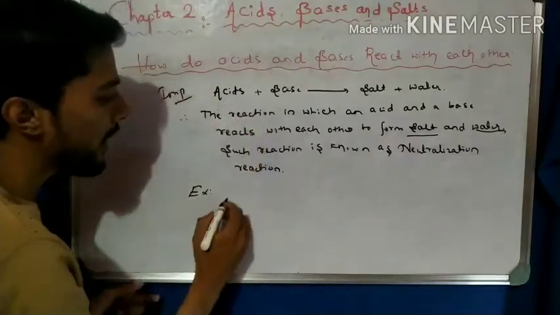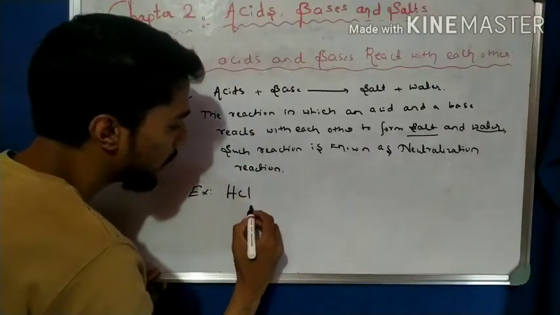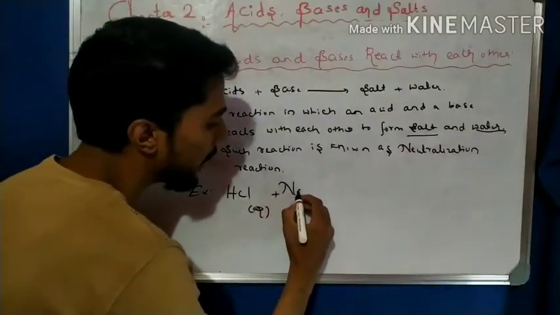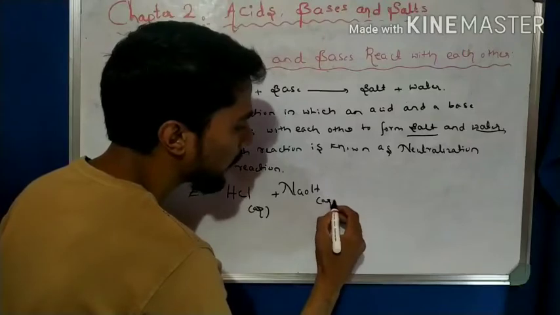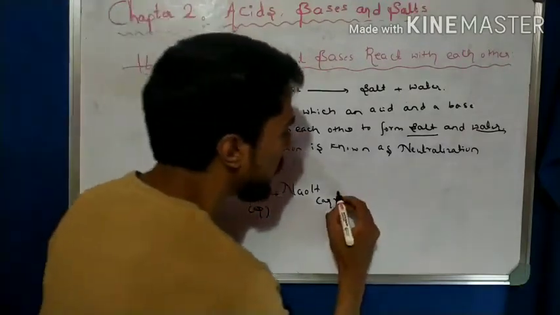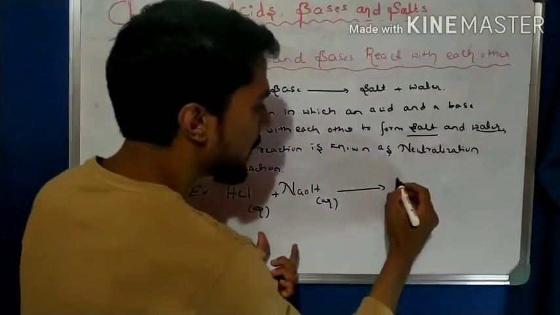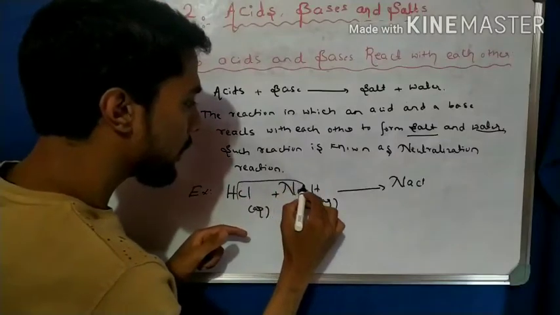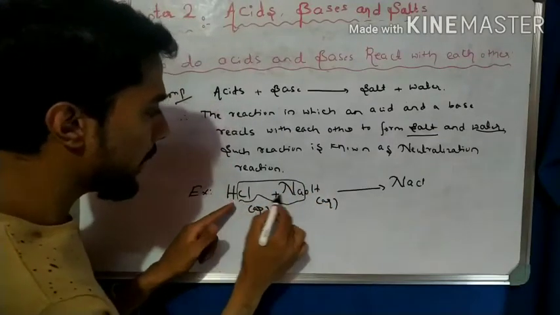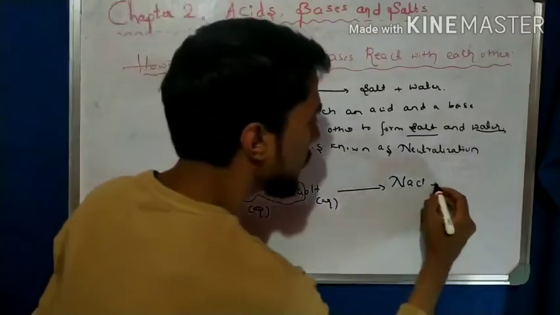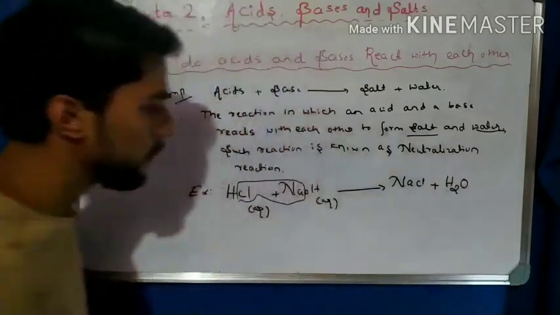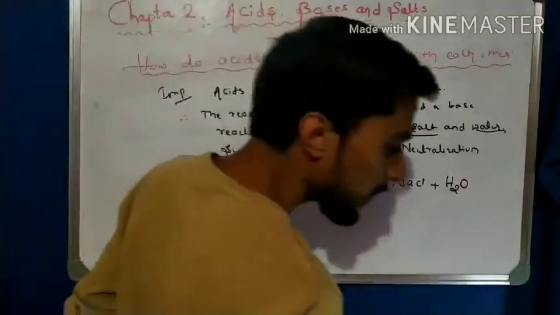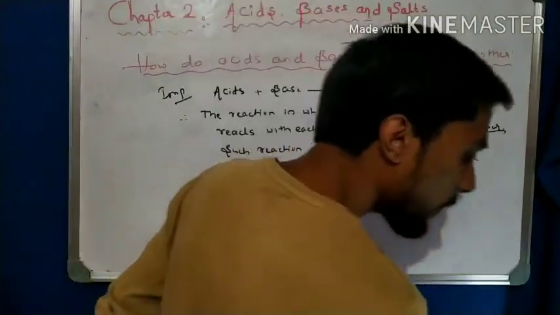Now here I take the acid HCl, hydrochloric acid, which is an aqueous solution, plus a base, NaOH, which is an aqueous solution. When the acid reacts with the base, they form salt and water: NaCl and H2O.